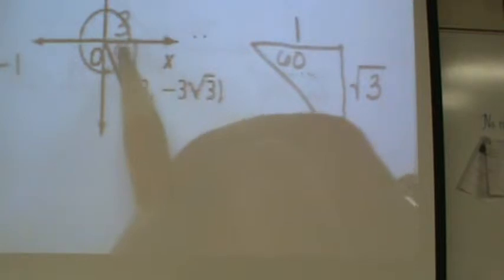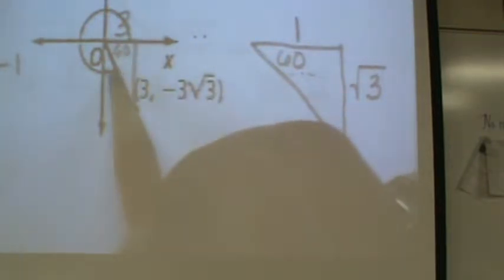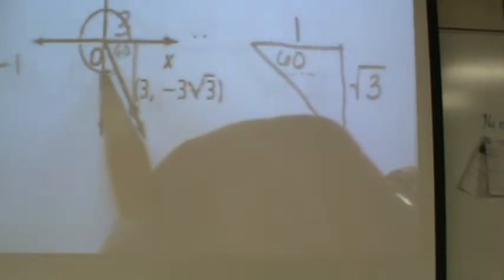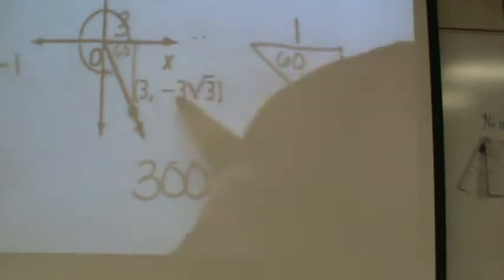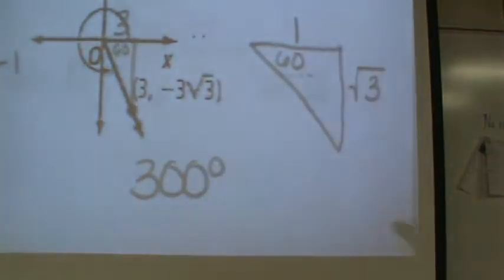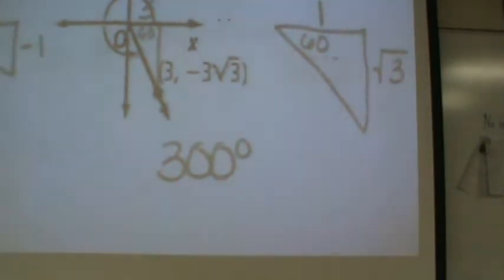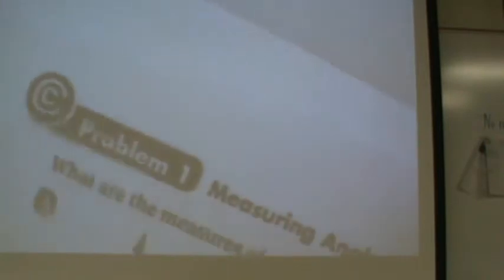If this is 60 right there, here to here is 60, what's this? 300. Okay, from here to here is 270 plus 30, which is 300. So you could have done 360 minus 60, or you could have done 270 plus 30, either one. Are you guys getting this? Okay, next.